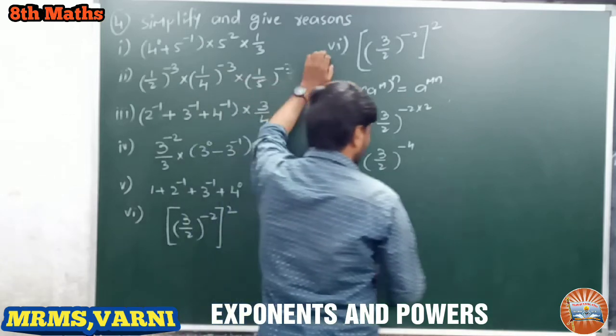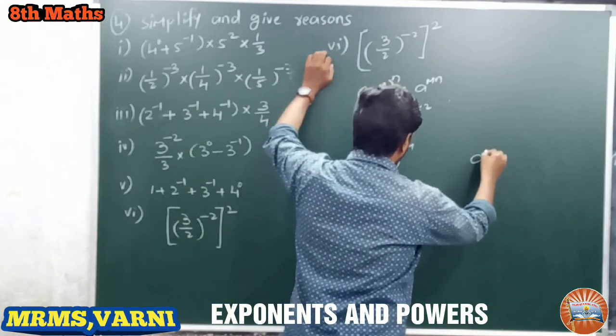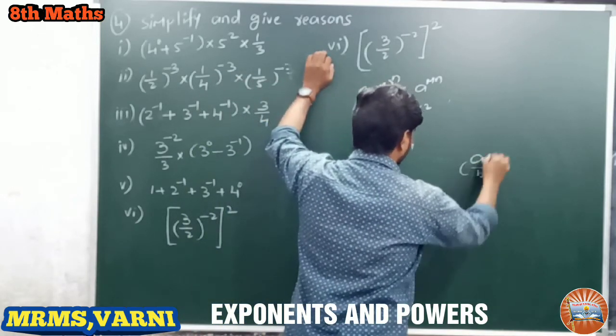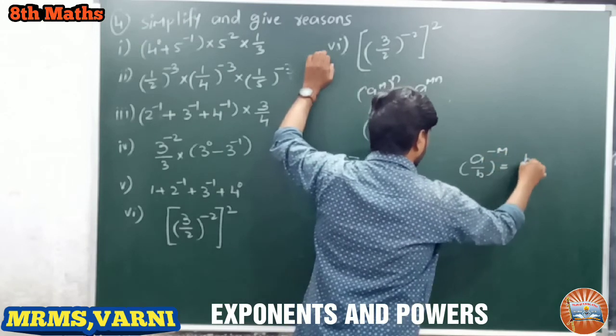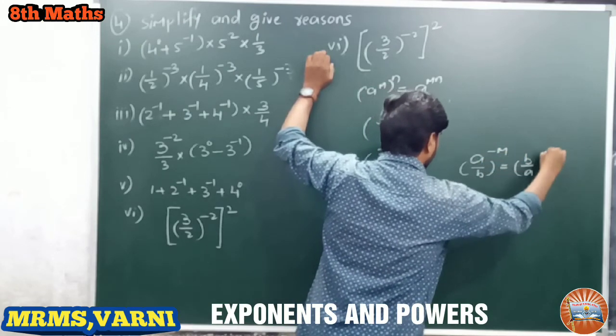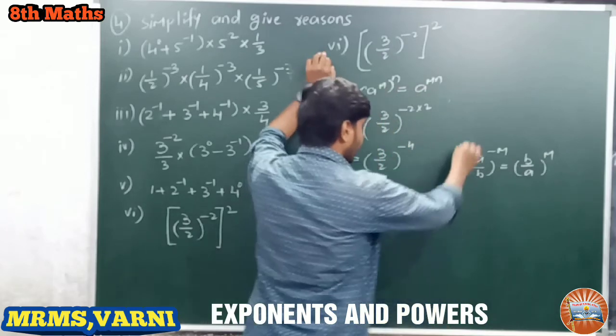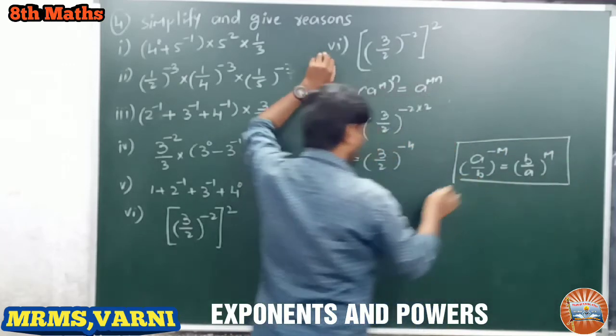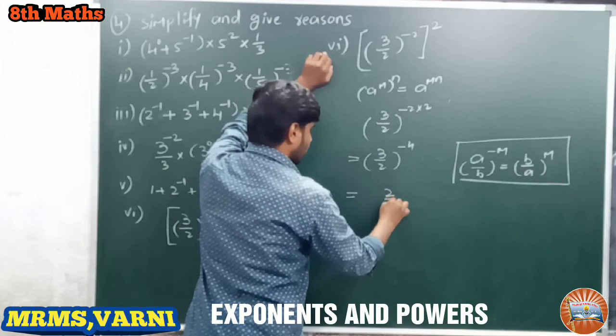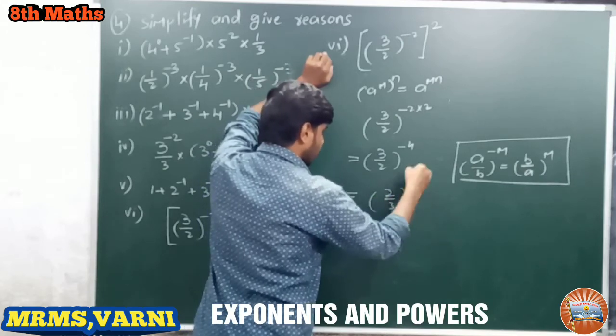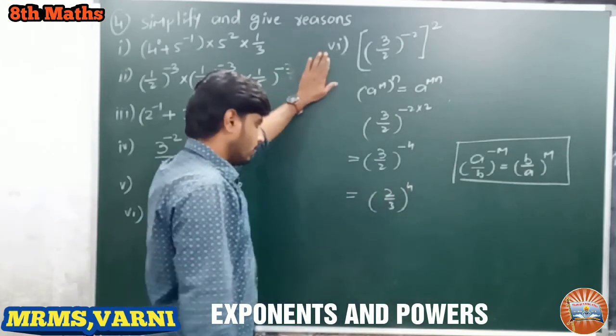And we have a by b whole power minus m is equal to b by a whole power m. With the use of this formula, I am going to convert this to 2 by 3 whole power 4. Okay, right.